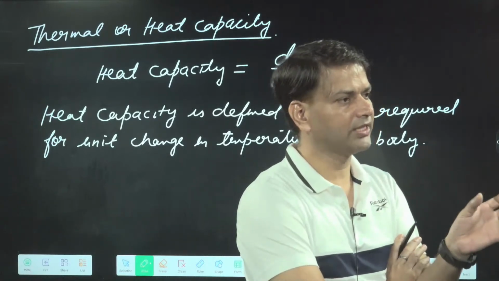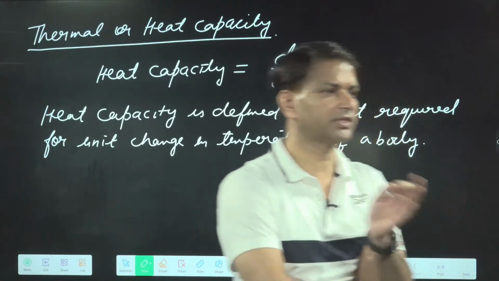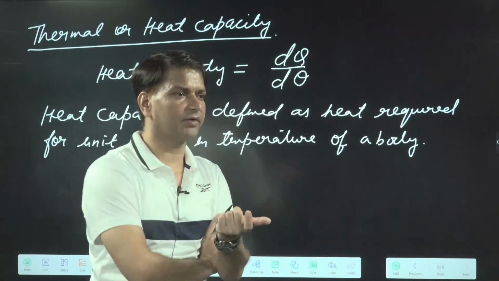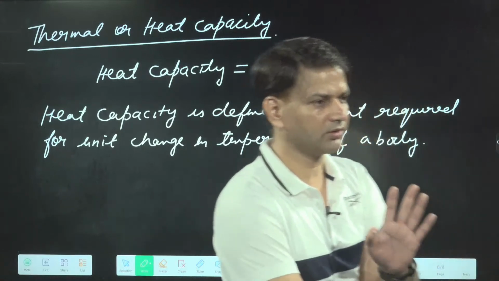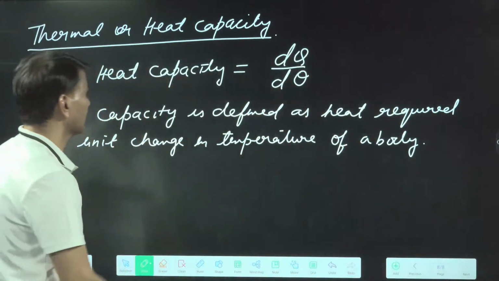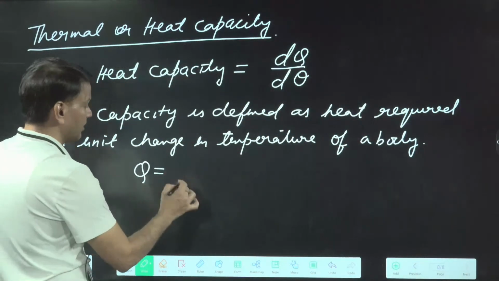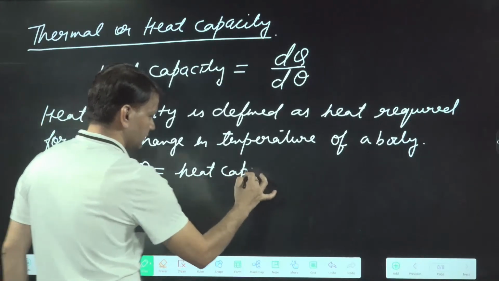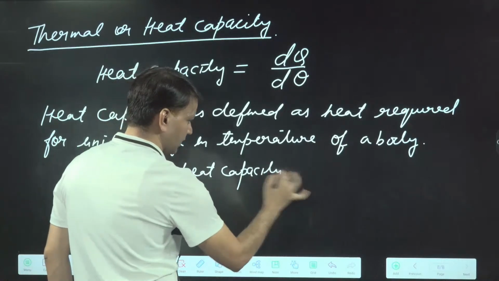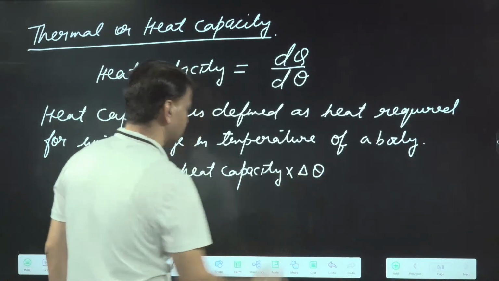For unit degree, the heat required is the heat capacity, which is x. Now delta theta is 50, so the total heat required is 50 into x, because heat is heat capacity into delta theta.